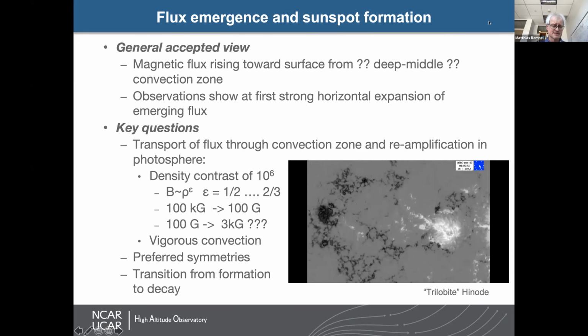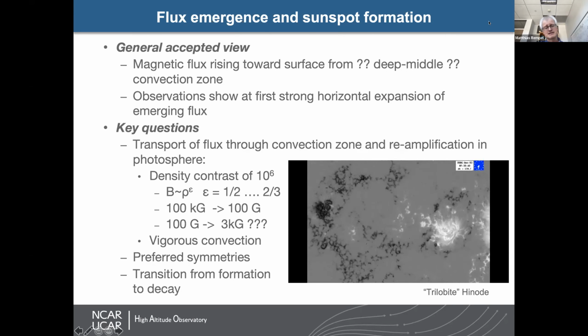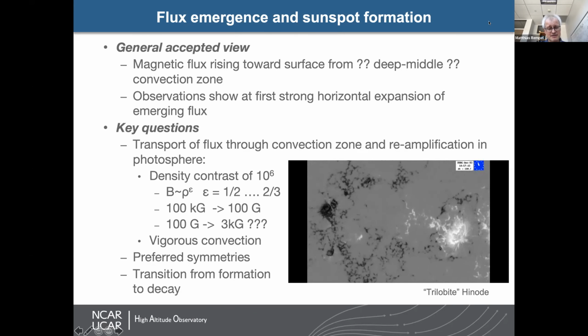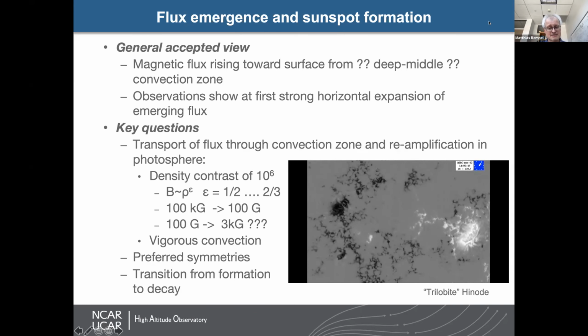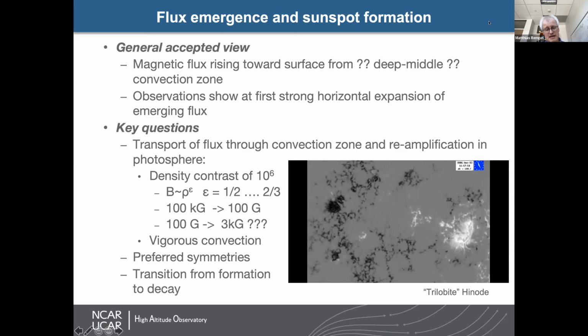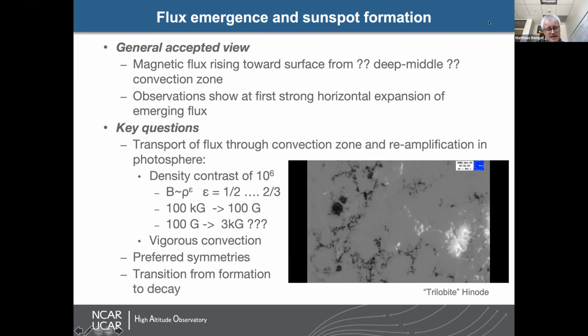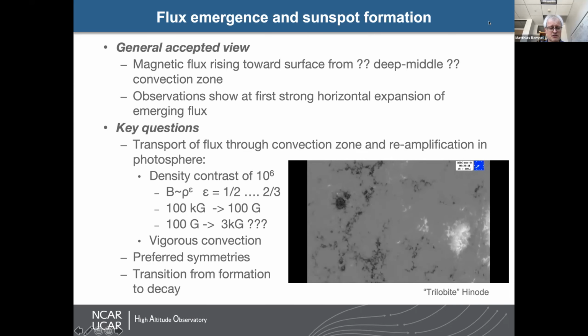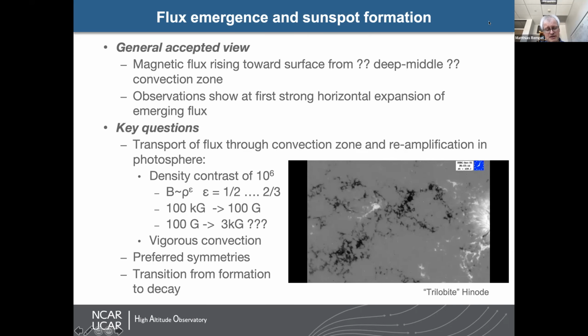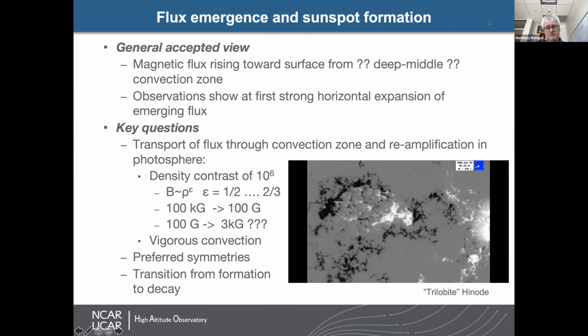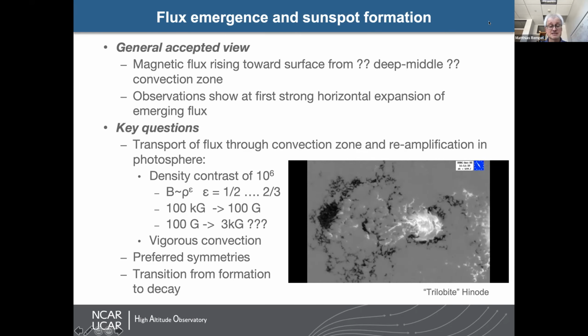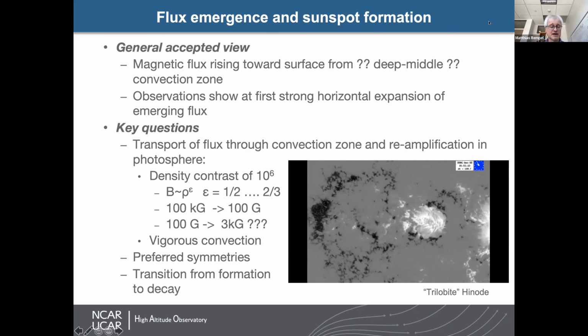The consequence of this is that typically you get a relationship where the field strength drops with the density to some exponent. That depends a little bit on the details, but in simulations, at least, you typically see something close to an exponent of 1/2. And you get this when you have primarily horizontal expansion of plasma as you move up.